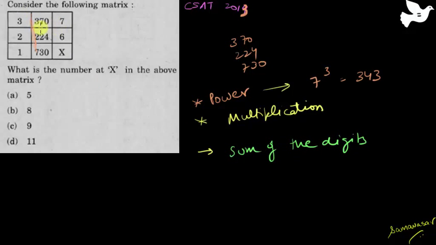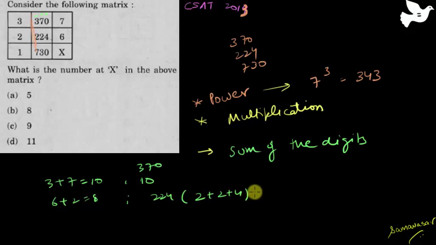Like in this case, if you see, I have 3 and I have 7. If I sum these digits, I get 10. Also, if I sum the digits of this number 370, again it is 3 plus 7 plus 0, which is 10. Now let me look at this. 6 plus 2 is 8, and if I sum the digits of 224, that is 2 plus 2 plus 4, is also 8.